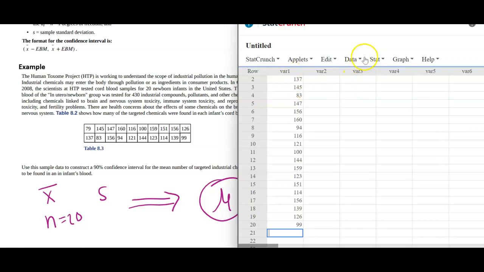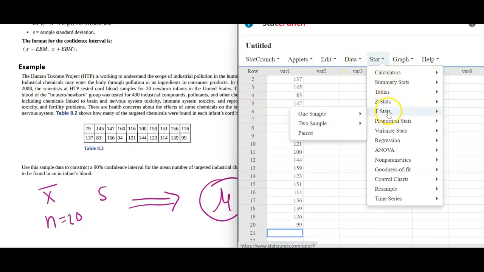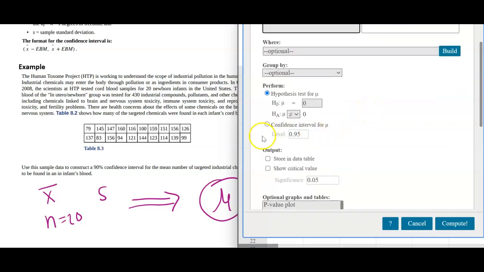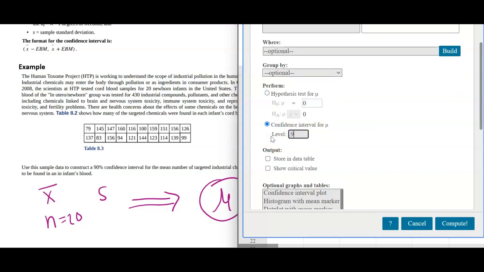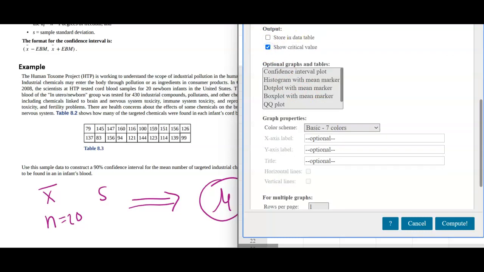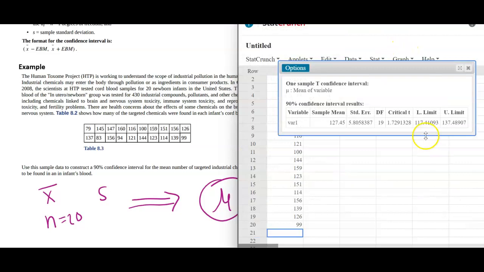You'll go under Stat and then T Statistics. Here, we're just doing one sample, and I have all the data; this is where it is stored. I want a confidence interval of 0.9. Please show the critical value, and I don't need any of those other things, so let's compute.